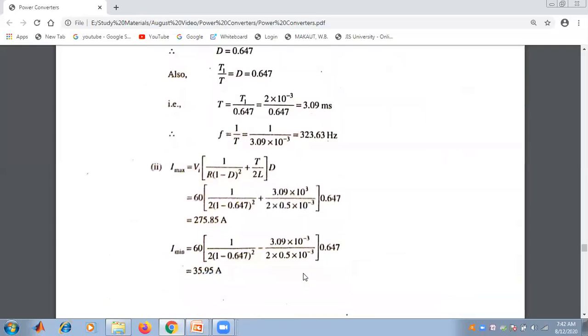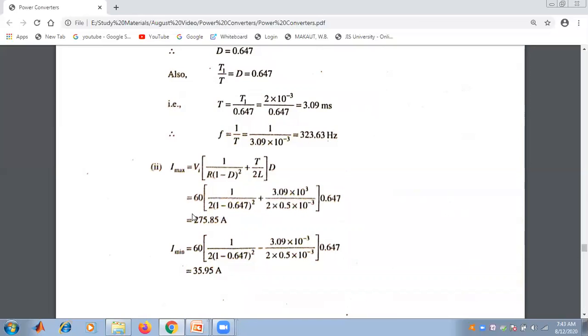323.63 Hertz. Now again, we have to find the maximum value of the current. We know the equation for the maximum value of the current, and all those values are known to us. The load resistance R is 2 ohm, and the inductance L is given as 0.5 millihenry, that is 0.5 into 10 to the power minus 3.